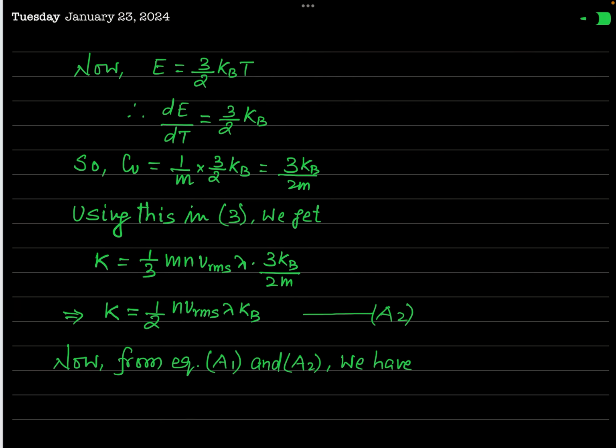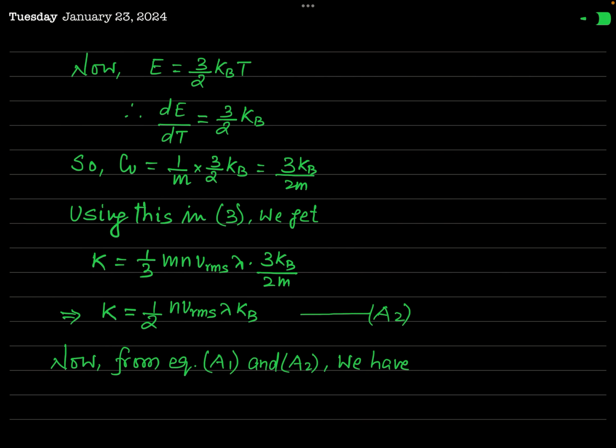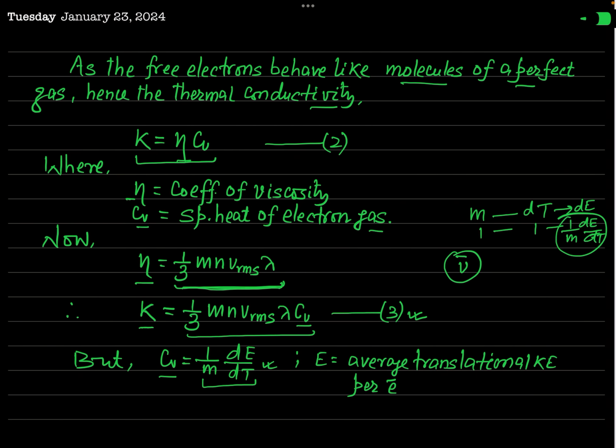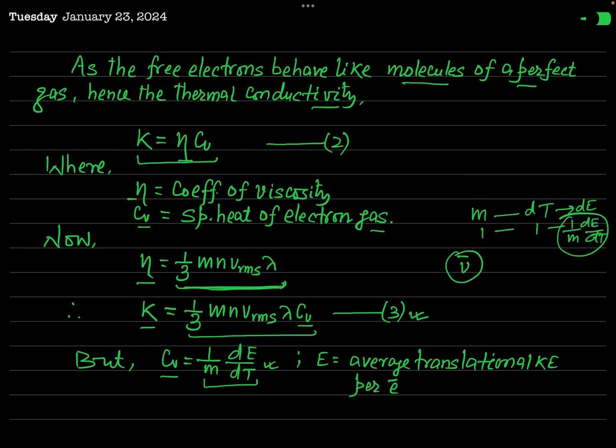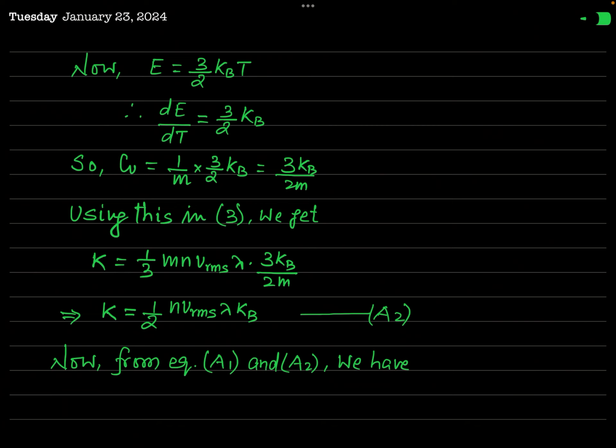First of all, what is this E? This is the average translational kinetic energy per electron, one electron. According to kinetic theory of gases, this E is given by 3/2 kB T, and therefore dE by dT will be 3/2 kB, because dT by dT is 1.